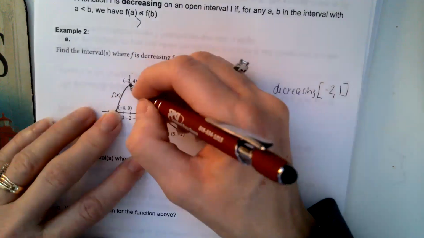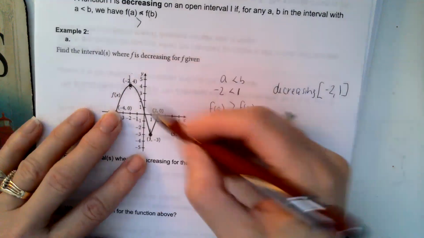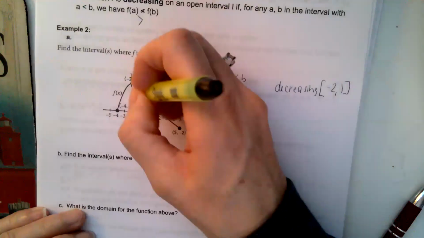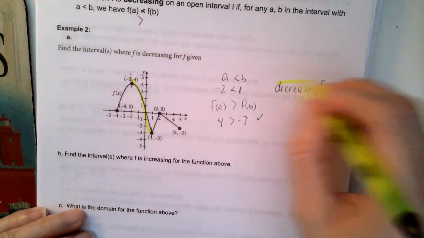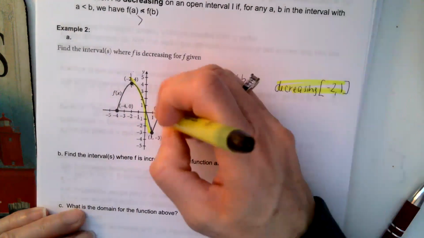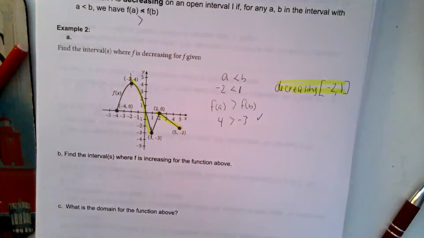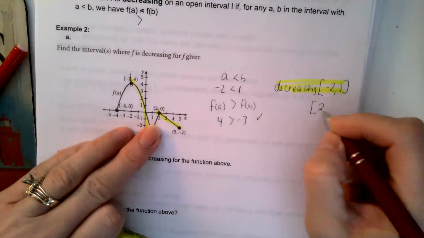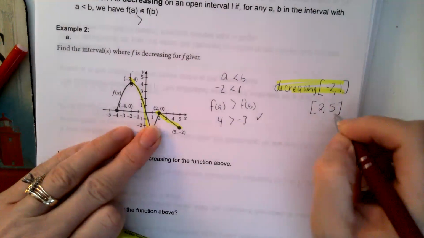So from here to here, it's decreasing. And then it's also decreasing visually here. And you can also see that it's decreasing there between 2 and 5.